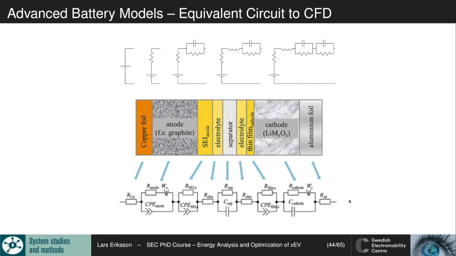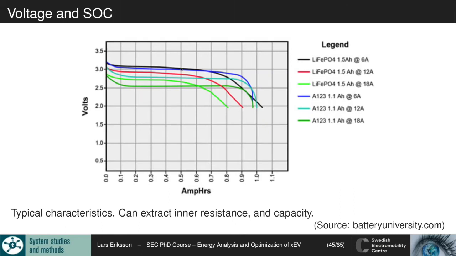So different chemistries have different voltage responses, and we will look at 3 different batteries that are, 2 of them are fairly similar, while the third will be a bit different. So here are 2. We have this LFP battery, and then we have this A123 battery.